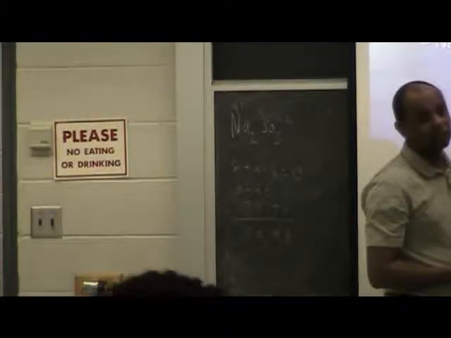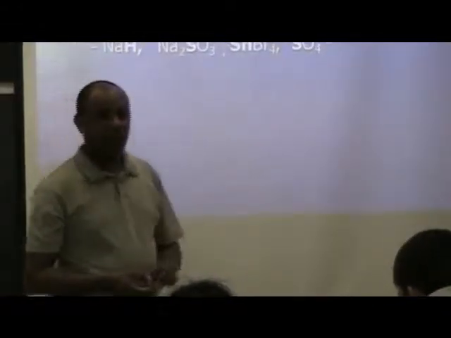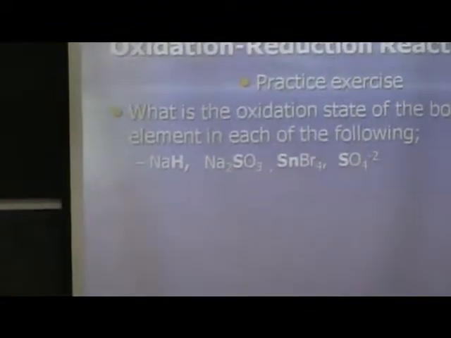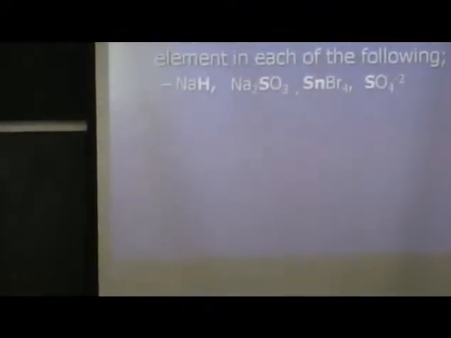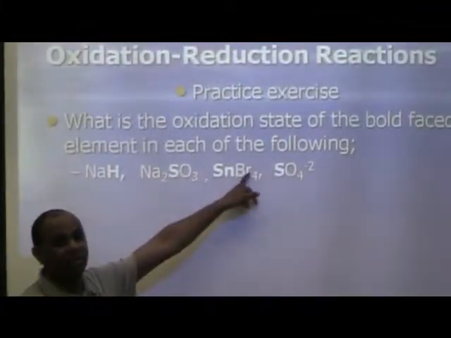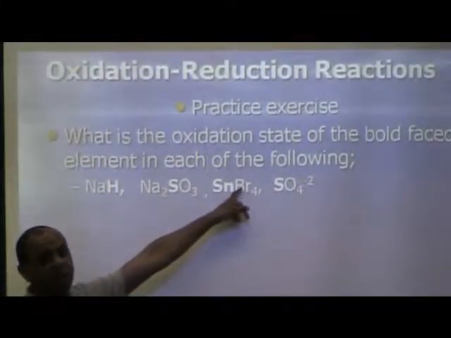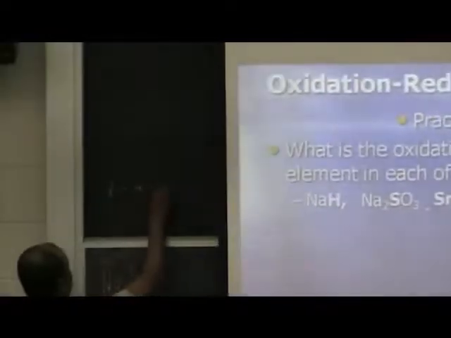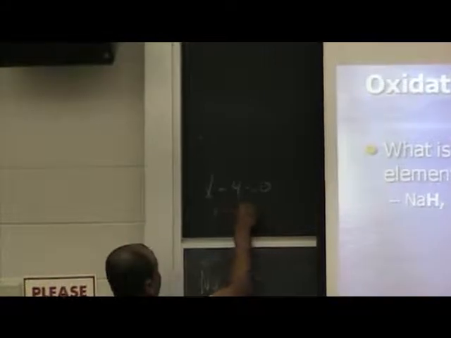So is tin a monatomic ion? No, tin is a transition metal. But I'm going to predict by putting x into it, and I know bromine is a monatomic ion, so its charge is going to be minus 4 in total. So x minus 4 equals 0, then x equals plus 4.